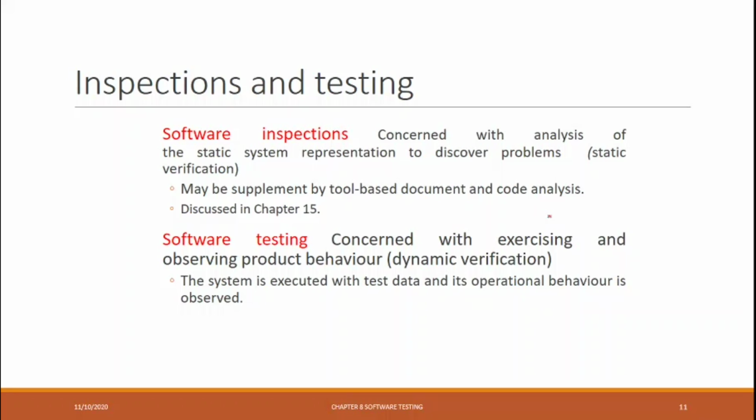The system is executed with test data and its operational behavior is observed in software testing. Whereas in software inspection, it may be supplemented by tool based document and code analysis. Inspection checks for what purpose the product has been designed and whether it is doing that job.